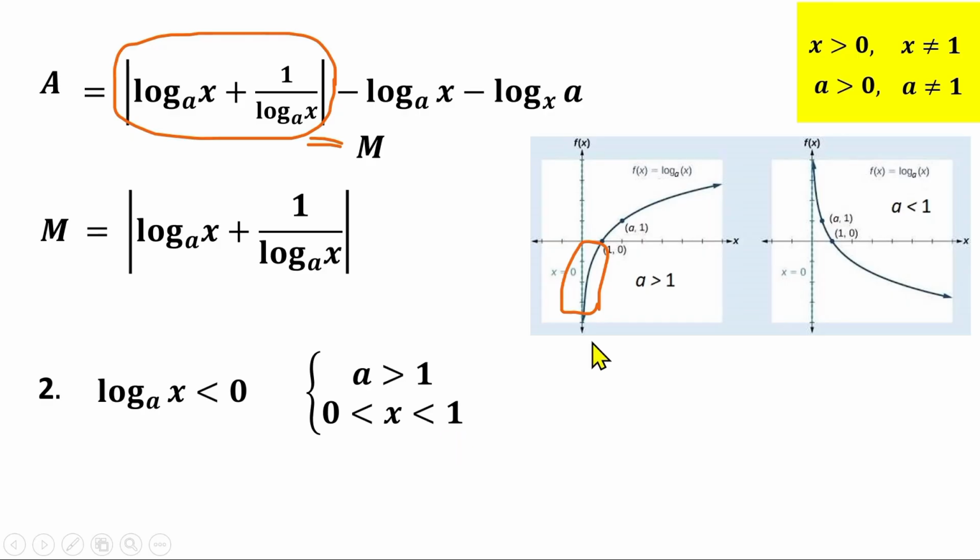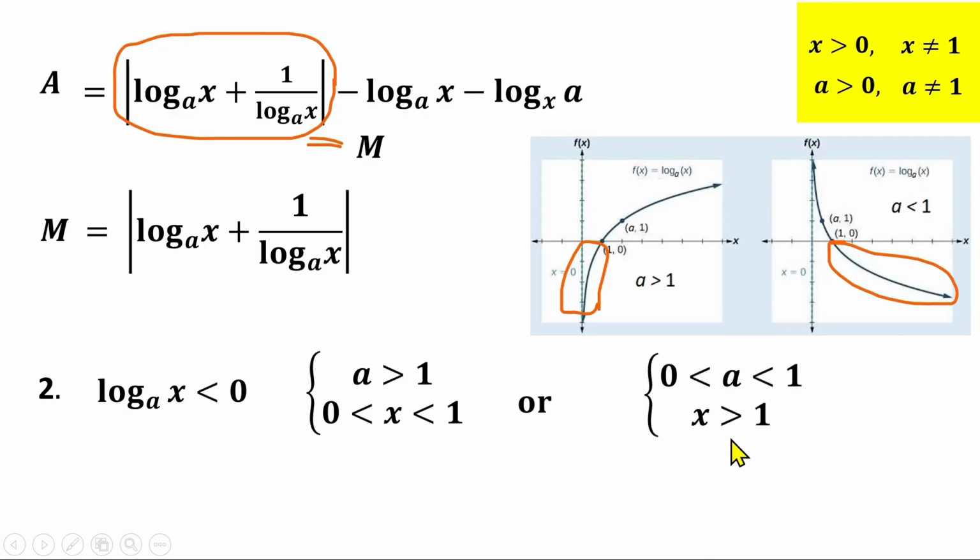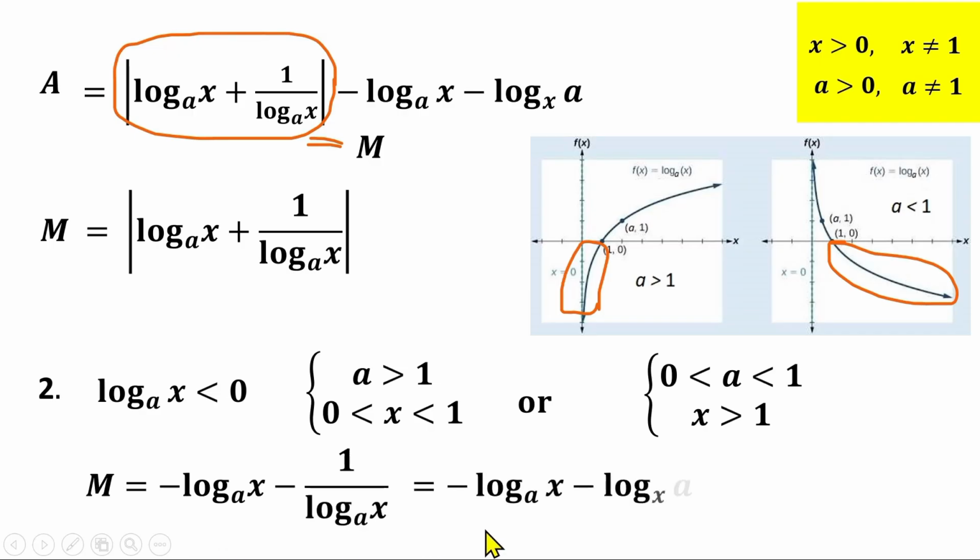For a less than 1, it happens here. So the logarithm is negative here, for x greater than 1. So in these two ranges, the expression for M has the following form, or it is equal just to this.